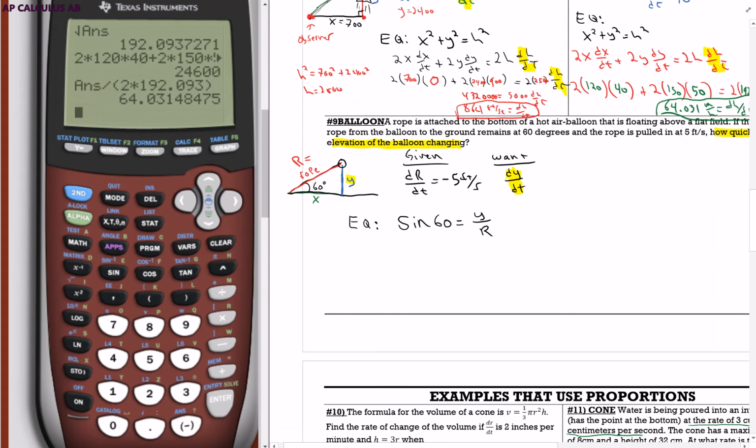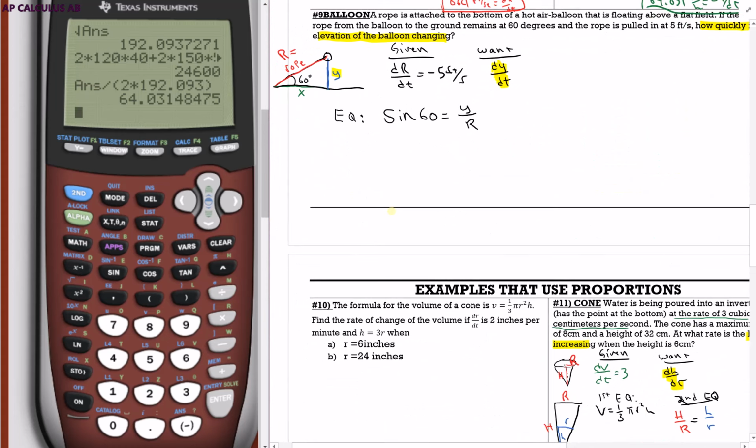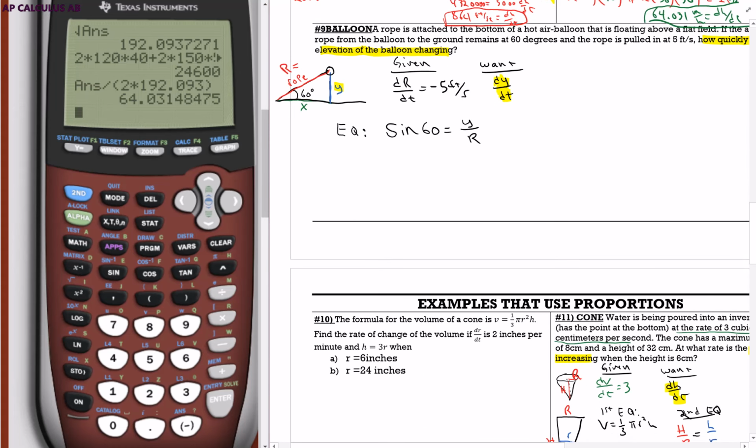All right. Continuing the balloon problem. Here's the situation, right? We have this red rope attached to a balloon. There's a vertical distance to the ground, which we're going to call y, and there's a horizontal distance from where the person is standing to where the vertical distance would touch the ground if you look straight down, right?